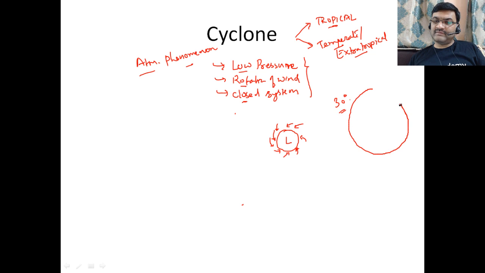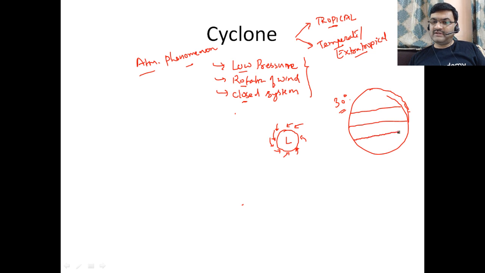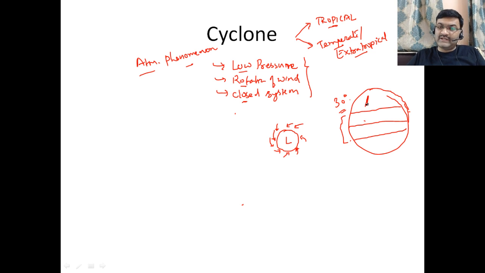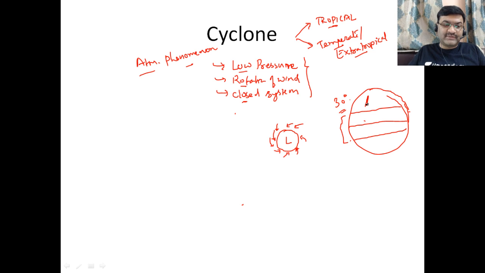So if the cyclone is occurring somewhere between 30-degree north to 30-degree south, this will be known as tropical. If the same low pressure occurs in a higher latitude, this will be known as a temperate cyclone. But don't understand that temperate means high pressure. No, cyclone means it is low pressure only. It can be in the temperate region or in the tropical region.